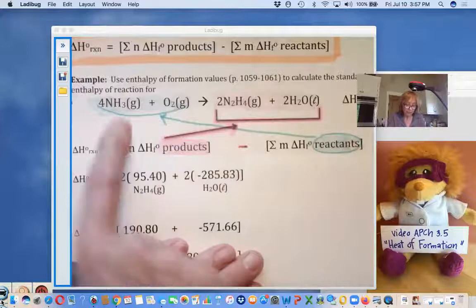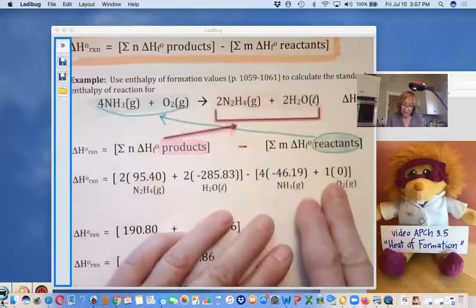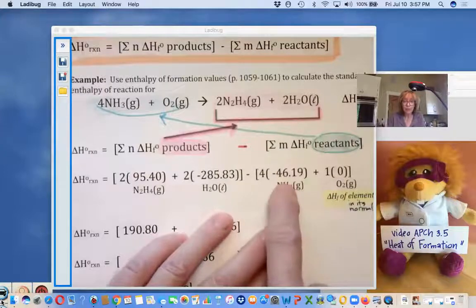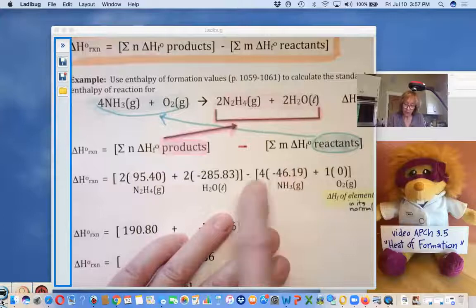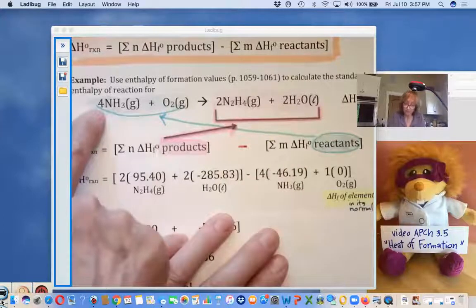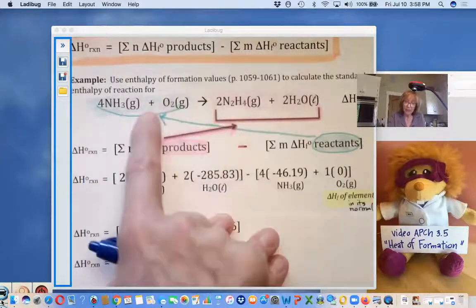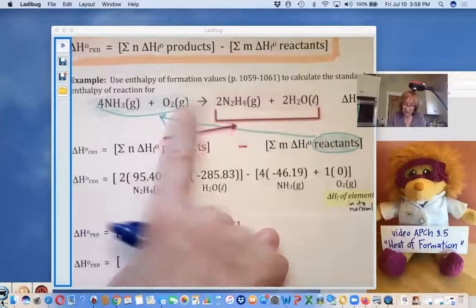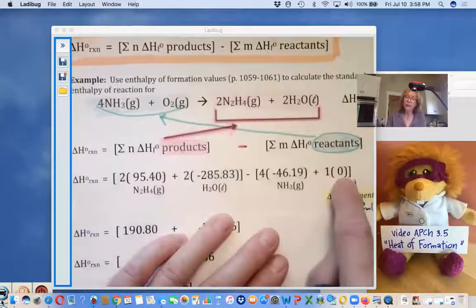My first reactant is ammonia gas. I find that in my table in the back of the book. It has this value, and I multiply that by 4 because of this. Okay, I am summing up all of the reactants. The second reactant is oxygen gas, 1 mole of it, and that value is 0.